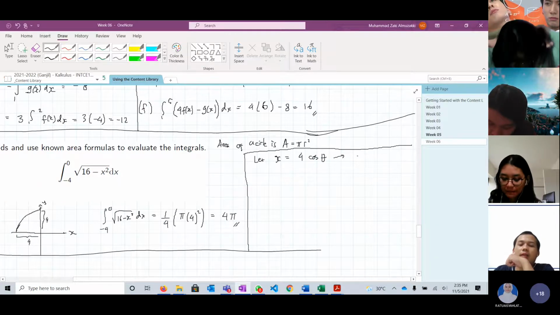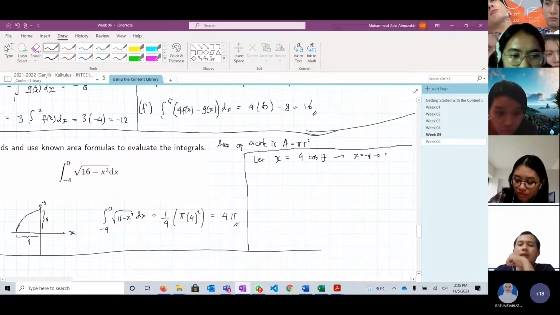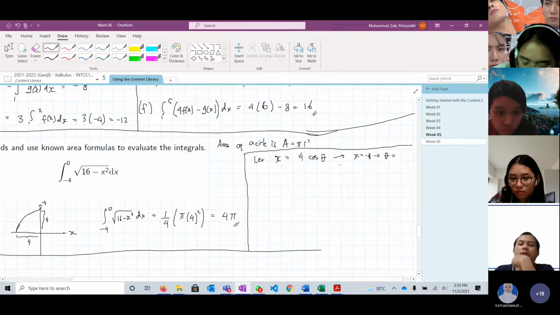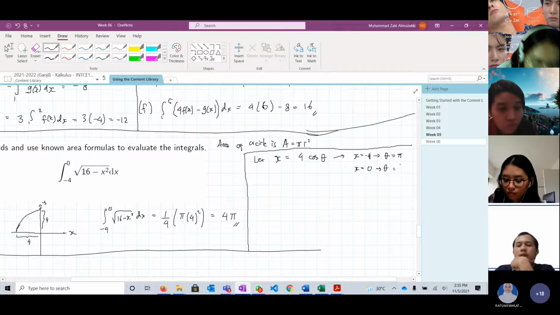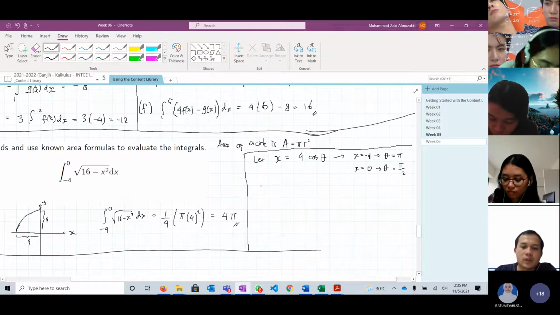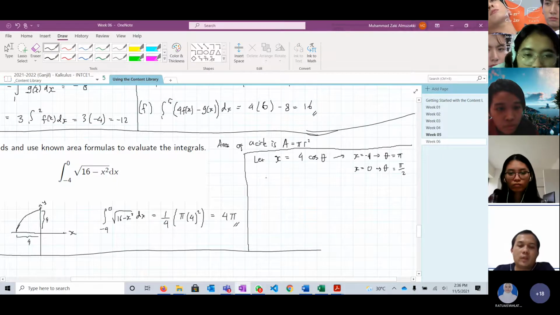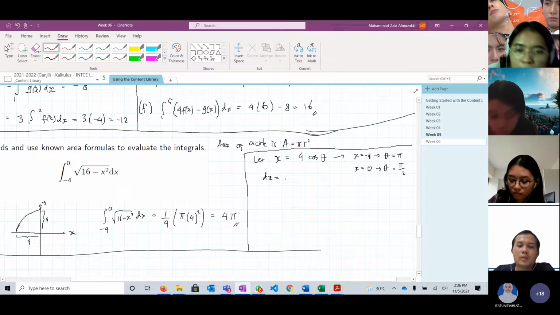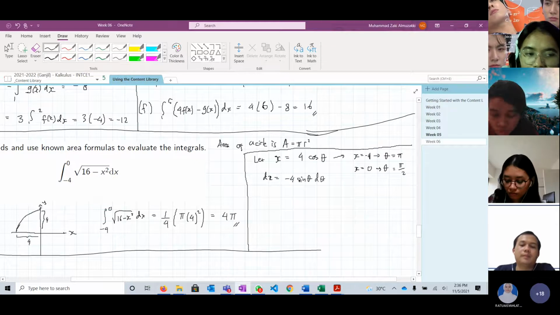Then when x equals minus 4, we have theta equals pi, and if x equals 0, theta equals pi over 2. We have that dx is now equal to minus 4 sine theta d theta.